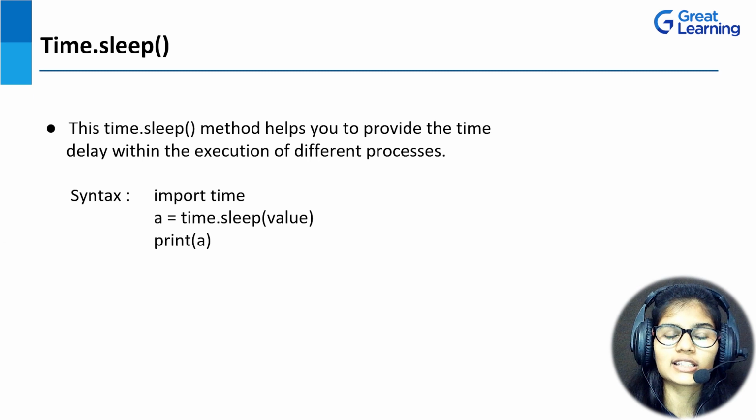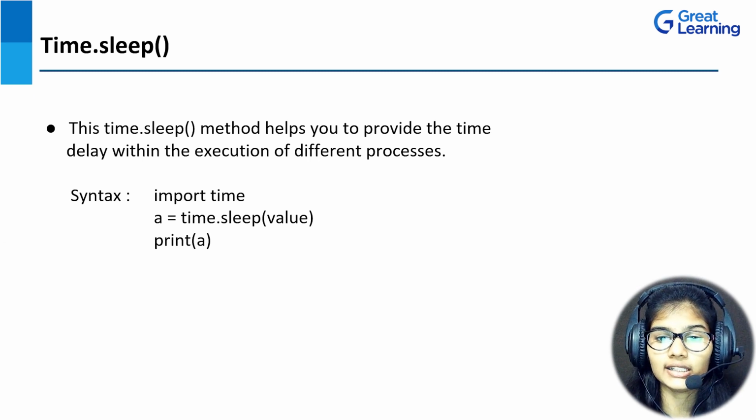Next, we have time.sleep. This is one of the methods which helps you provide a time delay within the execution of different processes. Okay, it allows you to provide a time delay in the execution of different processes. Here in sleep, let's say you have three print statements. The example which we had seen in the hands-on, I would repeat that only. Let's say you have three print statements. The first one you want to run.